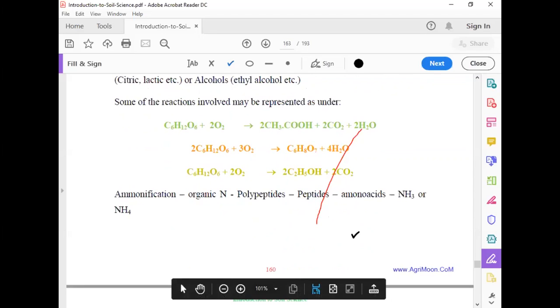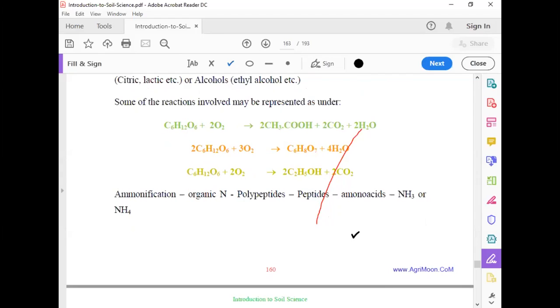It has to go through two processes for decomposition of soluble substances. Number one process is known as ammonification, that will convert complex organic nitrogen of polypeptides, then peptides, then amino acid, then NH3 or NH4. It's called the ammonification process.